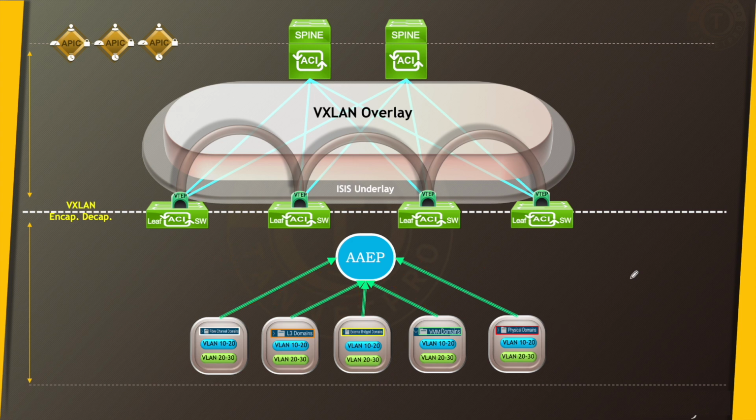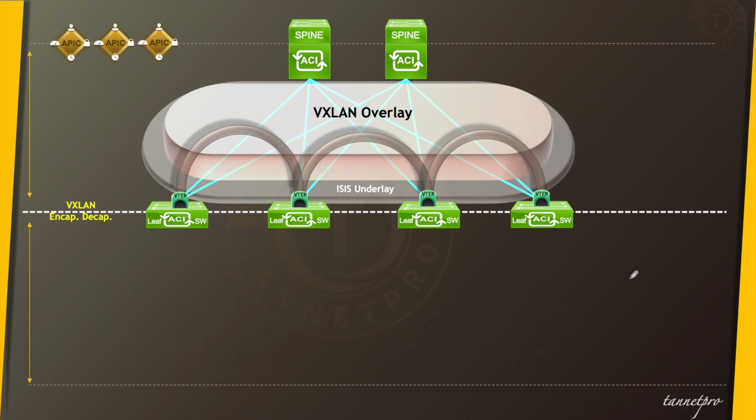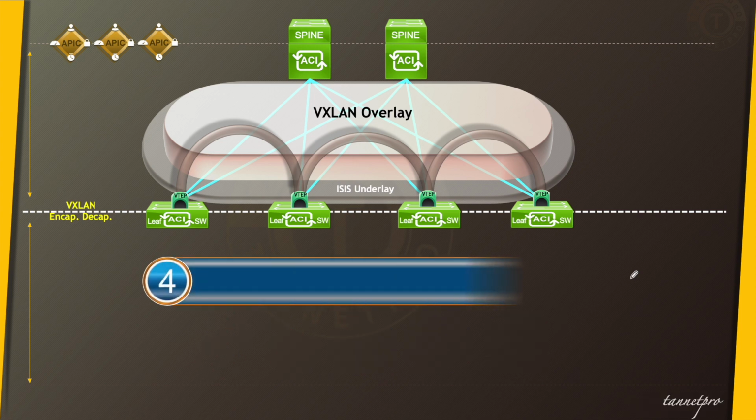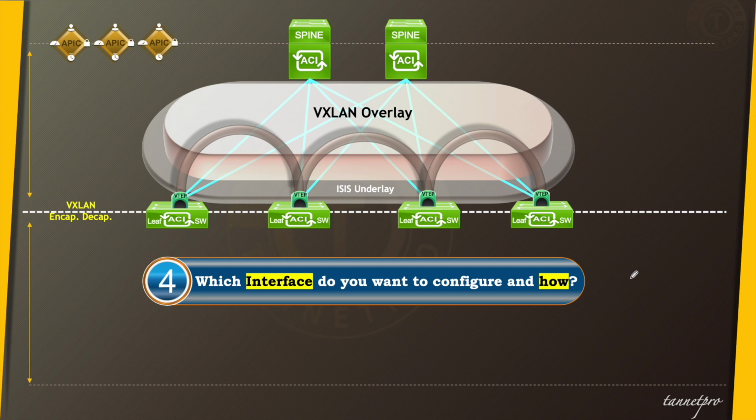This is how you can understand. Now, the fourth question, you can say: which interface do you want to configure and how? This is very important, right? So we understand the domain, and this domain consists of VLAN pools altogether. We understand the AAEP, right?